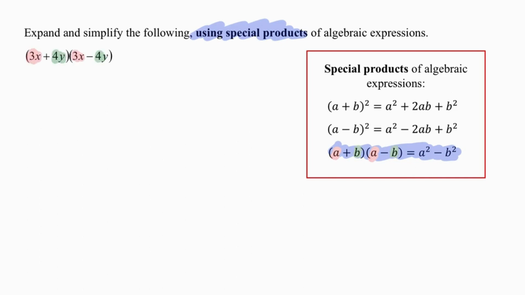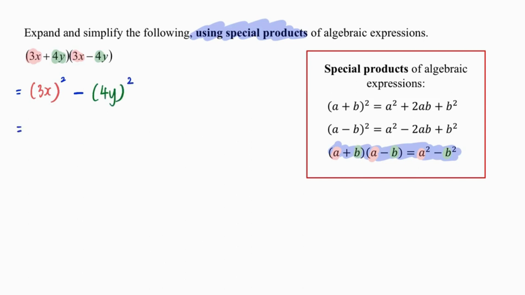And once I successfully identify the correct special product, I will just need to apply it, because I know the end result is a squared minus b squared. So you will then see me substituting my a as 3x. This is a squared minus my b as 4y.